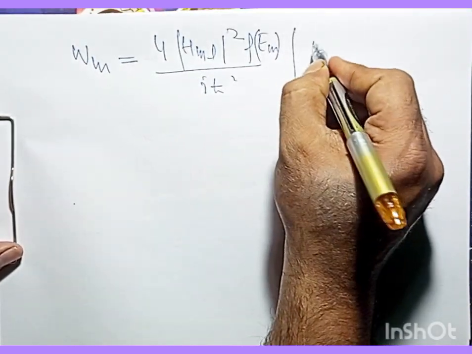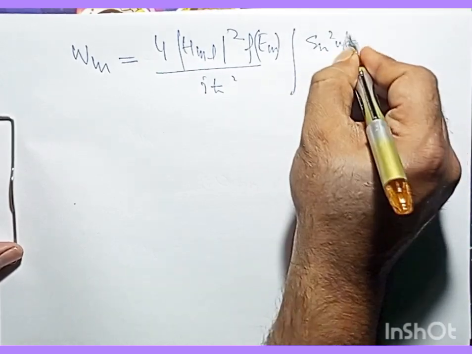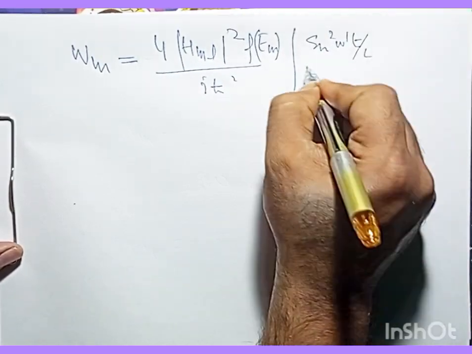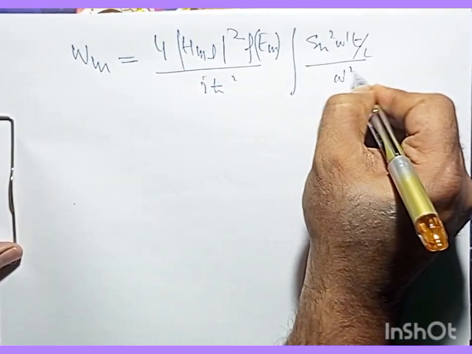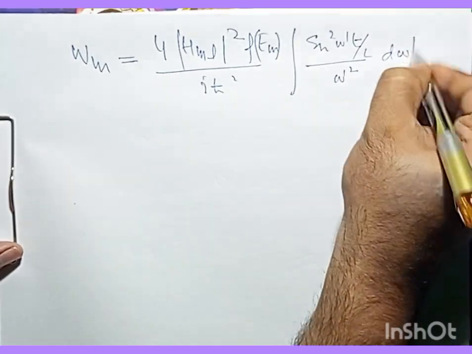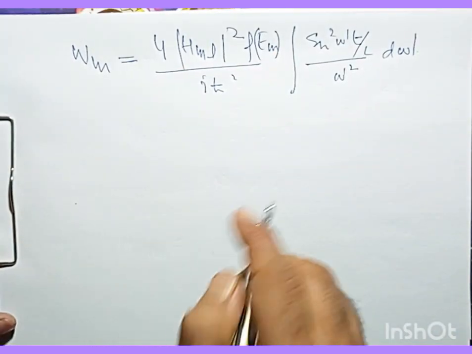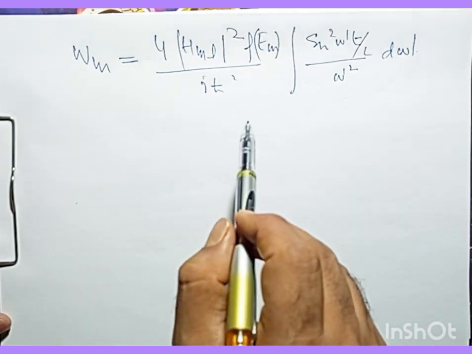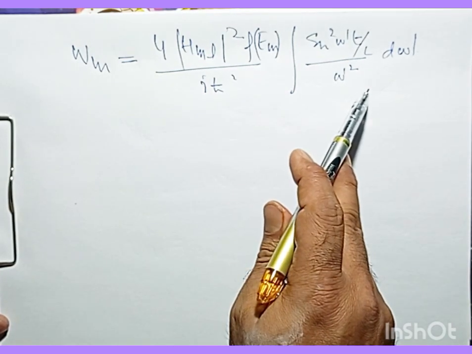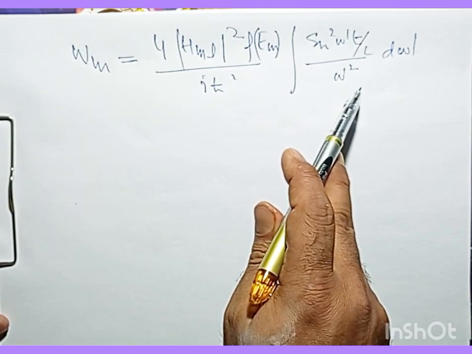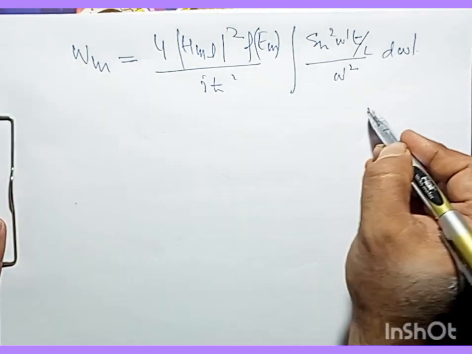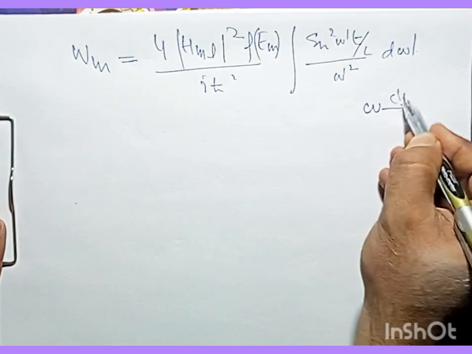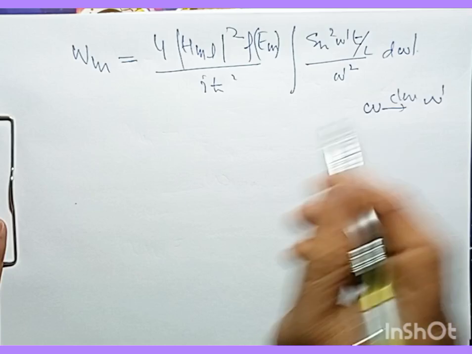So the integral will carry only sine square omega dash t by 2 divided by omega dash square d omega dash. Now, the most contribution to the integral that we have here comes from the values of omega which are very close to omega dash.